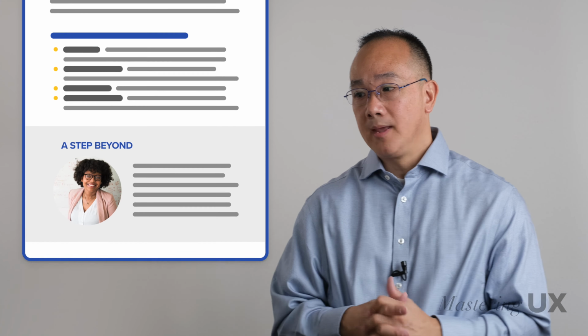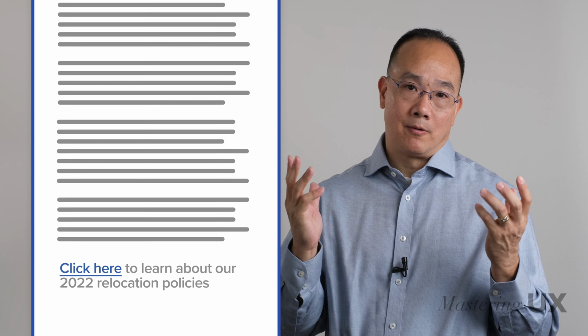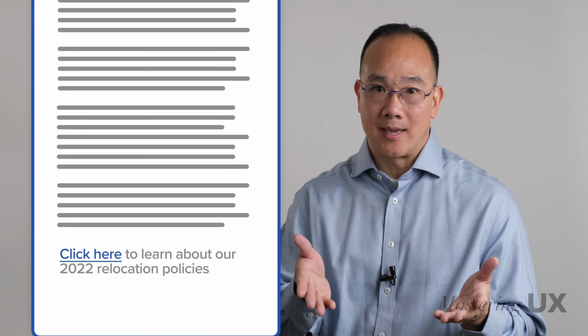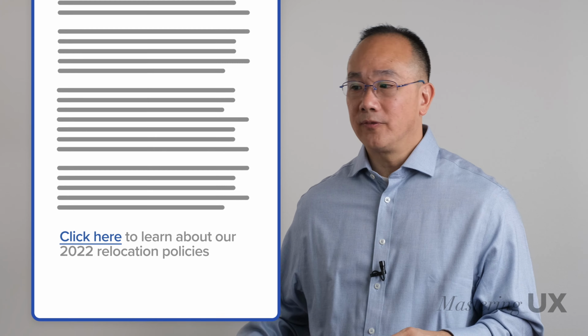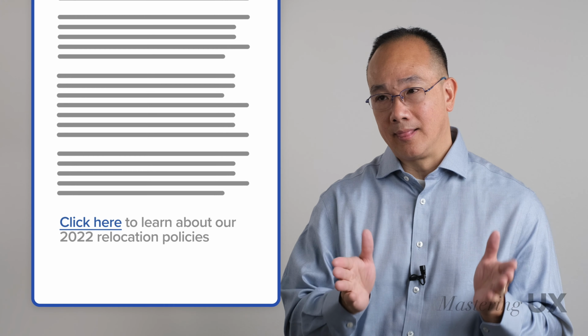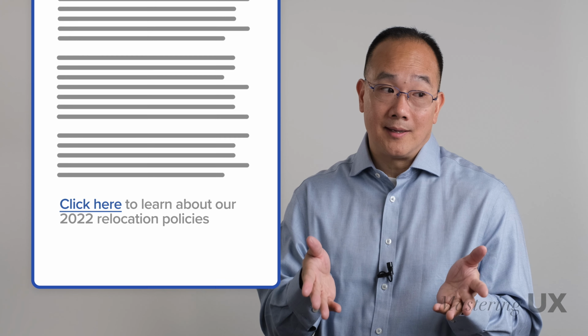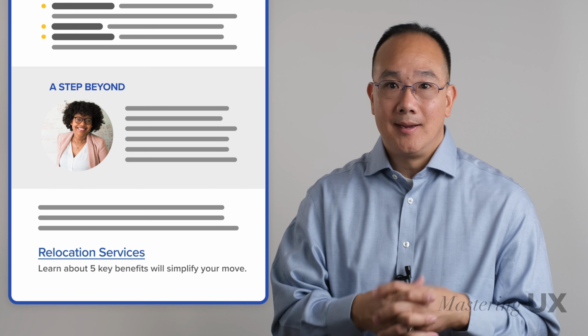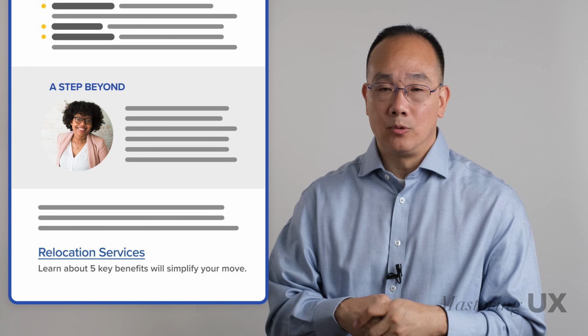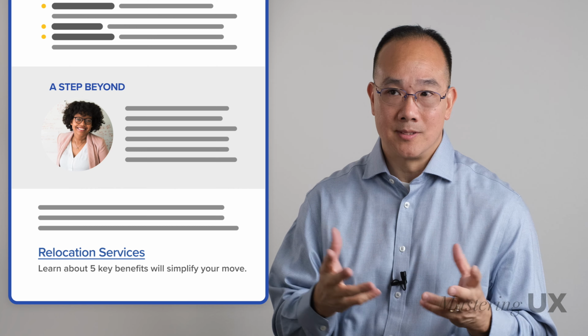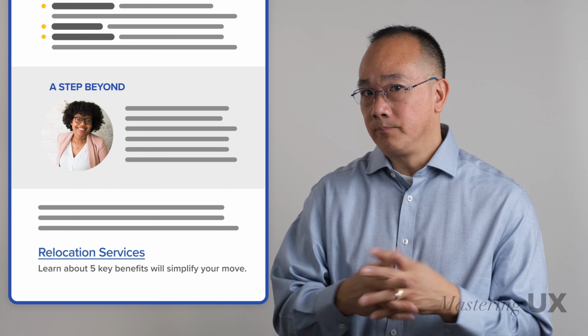Okay. And then going back to that, click here to learn more about our 2022 policies. Of course, that link is the first thing that you look at, but it doesn't help you. So the first thing you're going to want to do is make sure that link tells you either what it is or what you're going to get. This is a whole deeper subject on how to do this well, but just tell them straight up.